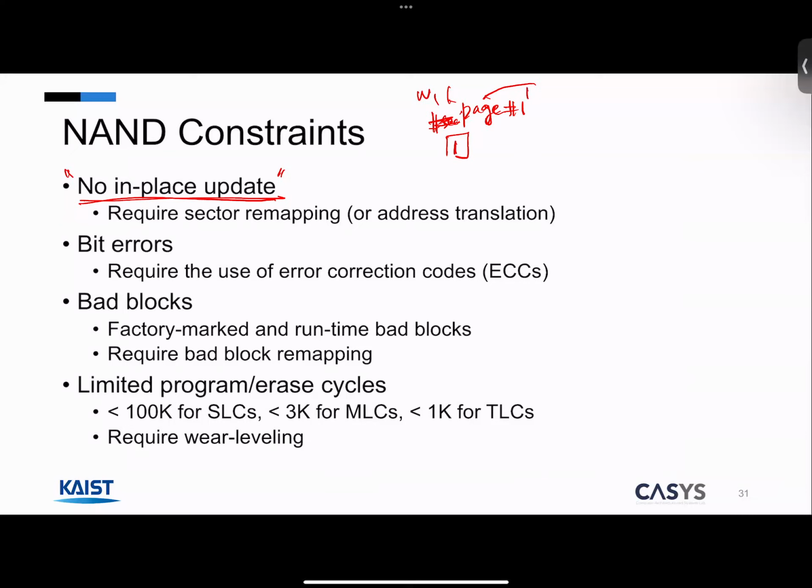But if you do a second write to the same page, writing data 2, you cannot modify 1 to the other value. When this cell is empty, you can write data 1. But if you want to modify the same block to 2, it's impossible. This operation is not possible. In-place update is not possible.